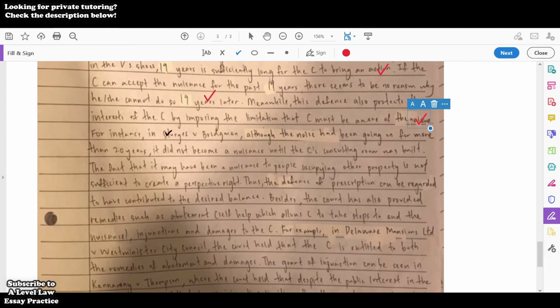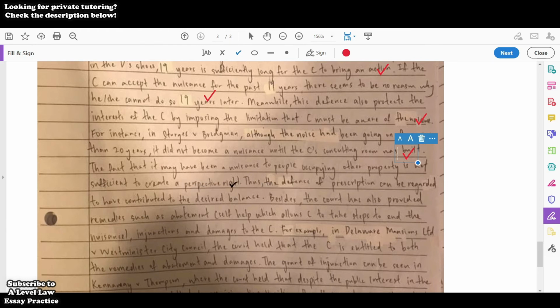For instance, in the case of Sturgis and Brickman, although the noise had been going on for more than 20 years, it did not become a nuisance until the claimant's consulting room was built. The fact that it may have been a nuisance to people occupying other property is not sufficient to create a prospective right.